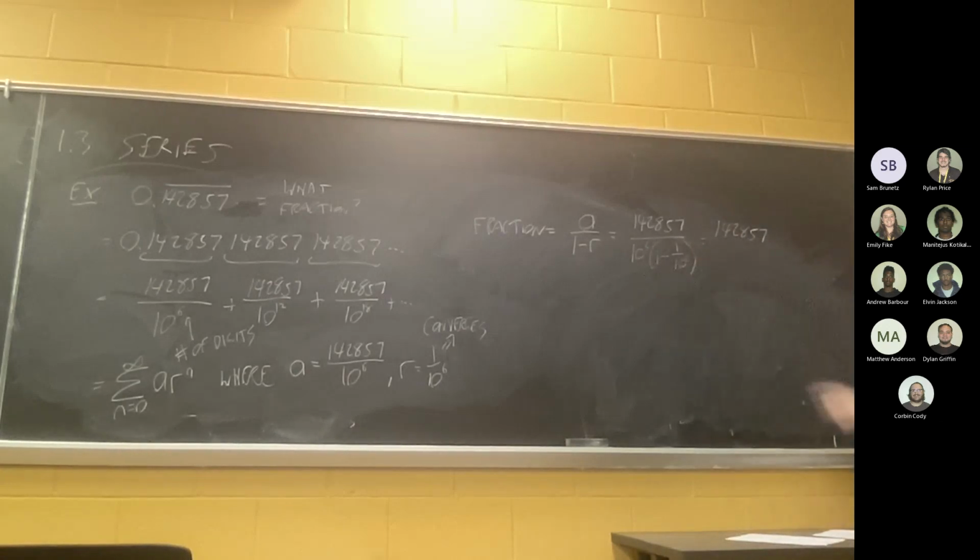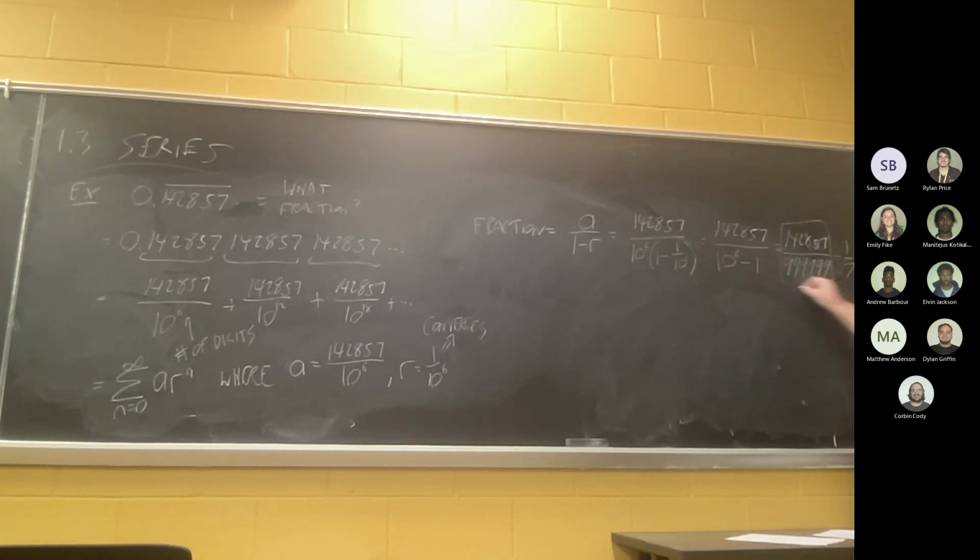I'm going to take this 10 to the 6 and distribute it through this expression in parentheses, and that's going to give me 10 to the 6 minus 1. So we get 142,857 over 999,999, which happens to reduce to exactly 1/7.